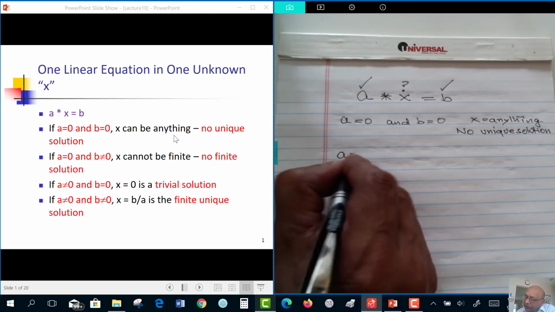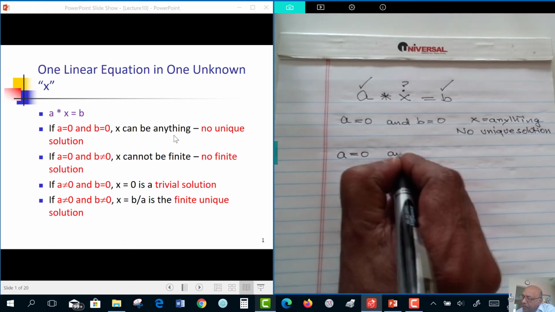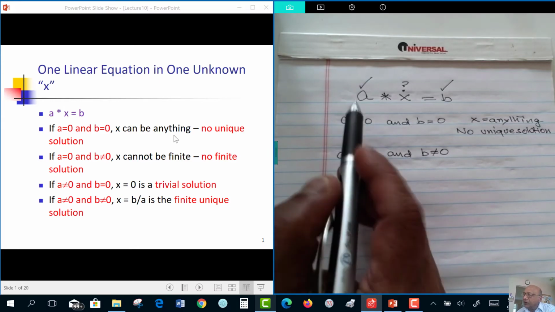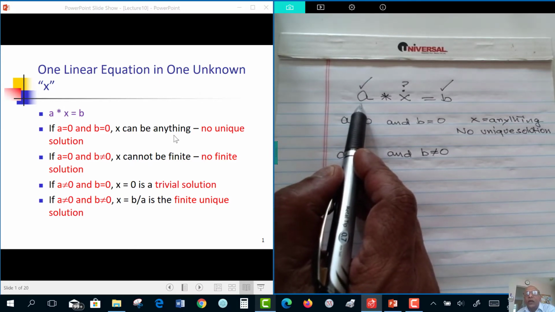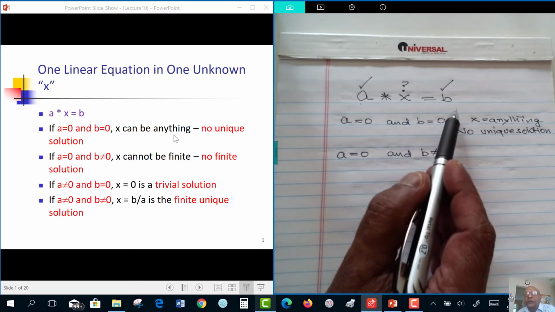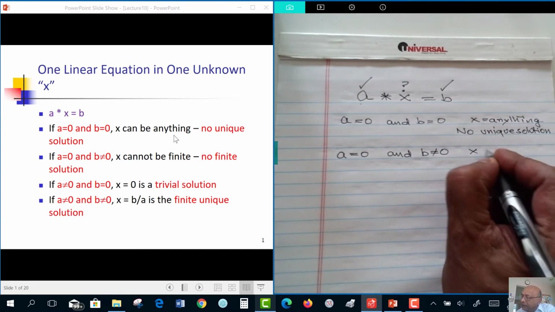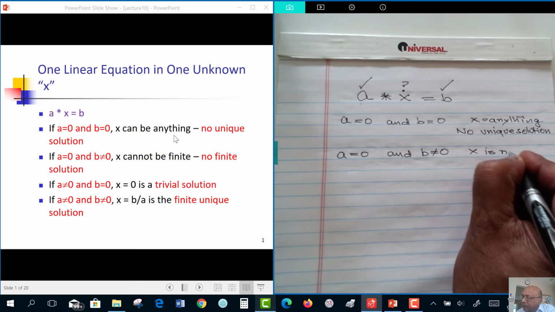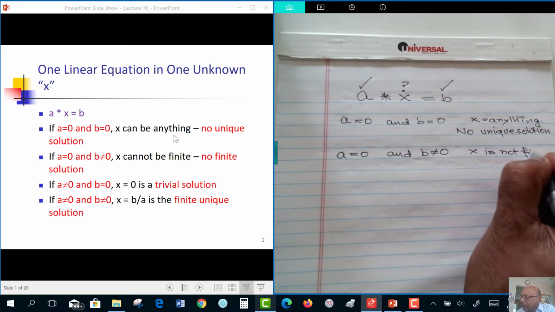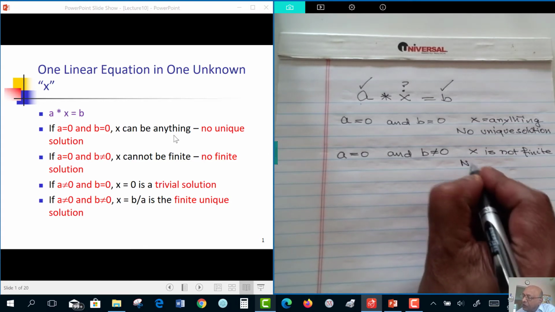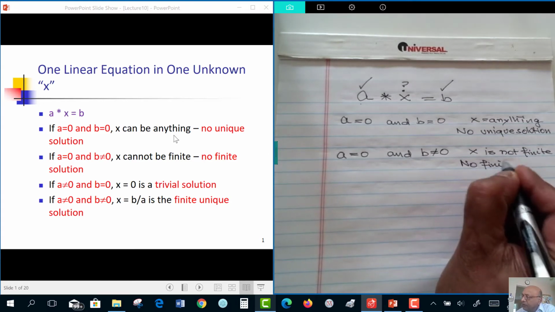A is 0 and B is not 0. So if A is 0 and B is not 0, then of course X cannot be finite. So we say we have no finite solution.